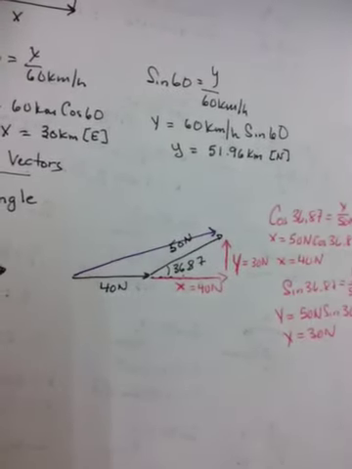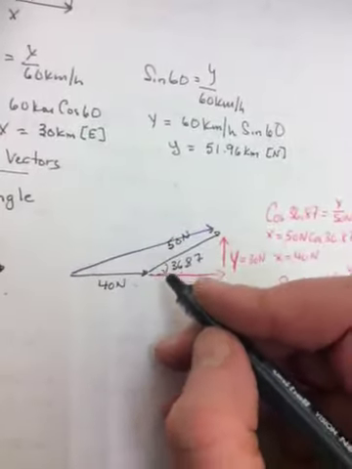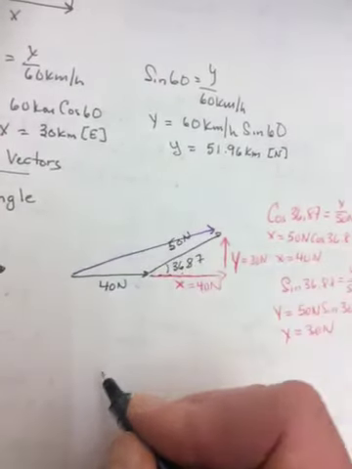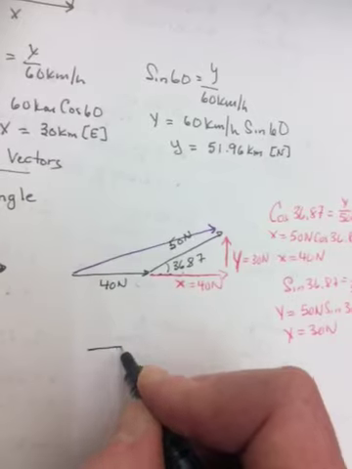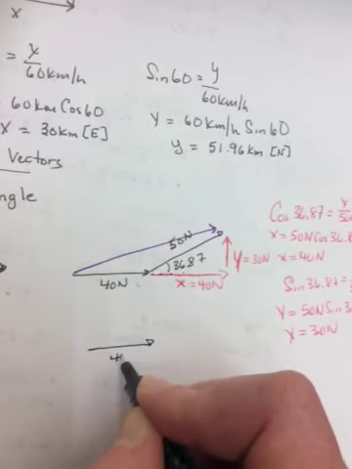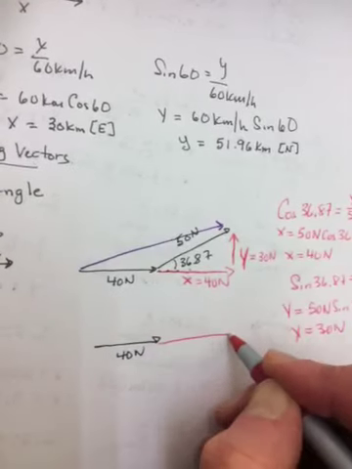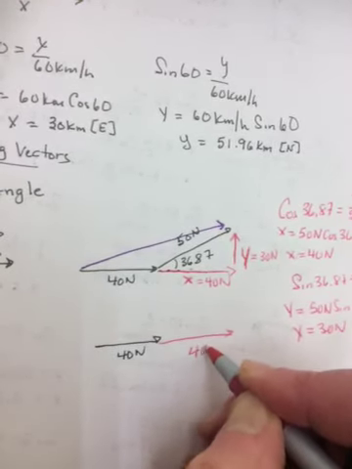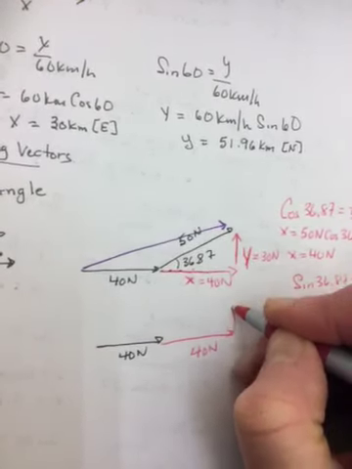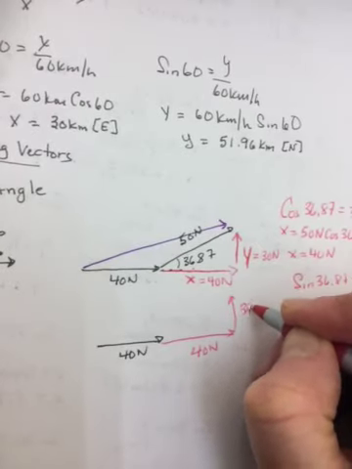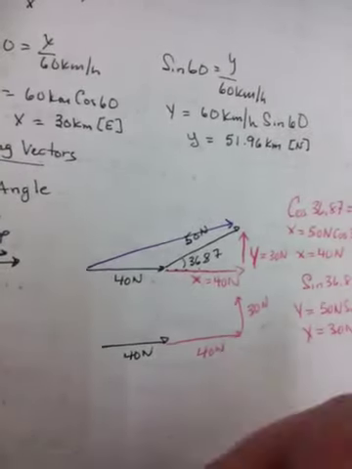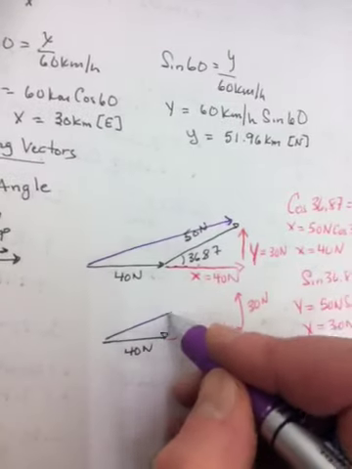So if that's true, remember once you find the legs, the hypotenuse disappears. So now we have our 40 newtons here, and we have a second set, 40 newtons here. We have our 30 newtons going up like this, and my resultant will be here.